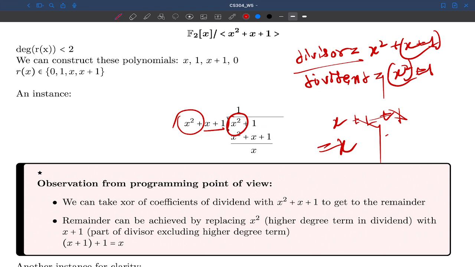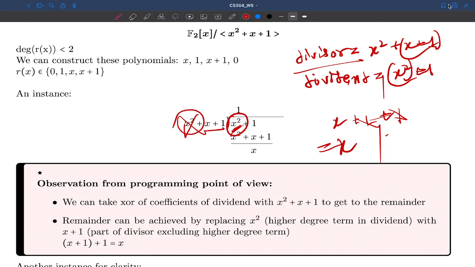Can I see x square in my dividend? Yes, x square is here. So what I'll do is replace this x square with that part of my divisor in which I have removed the highest degree term. So step 1 is to look for the highest degree term in the divisor.